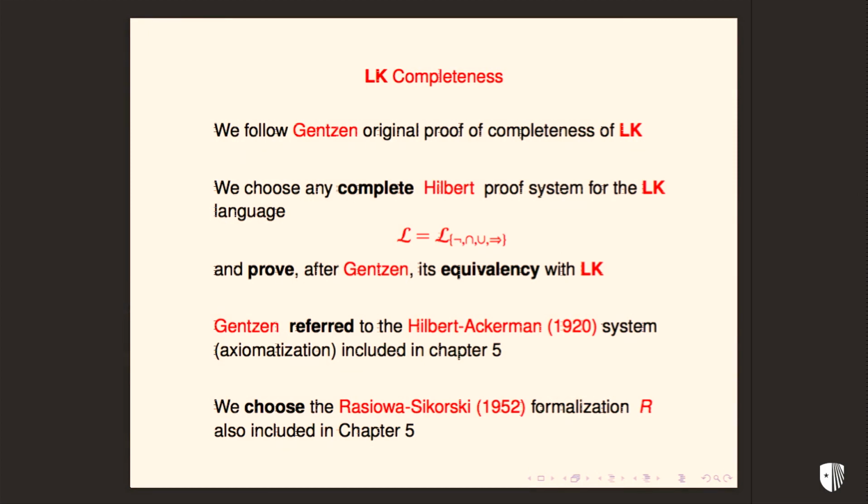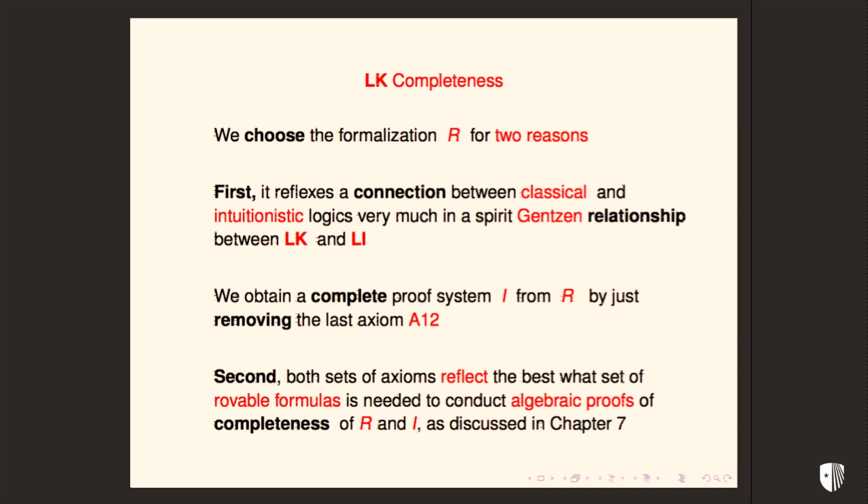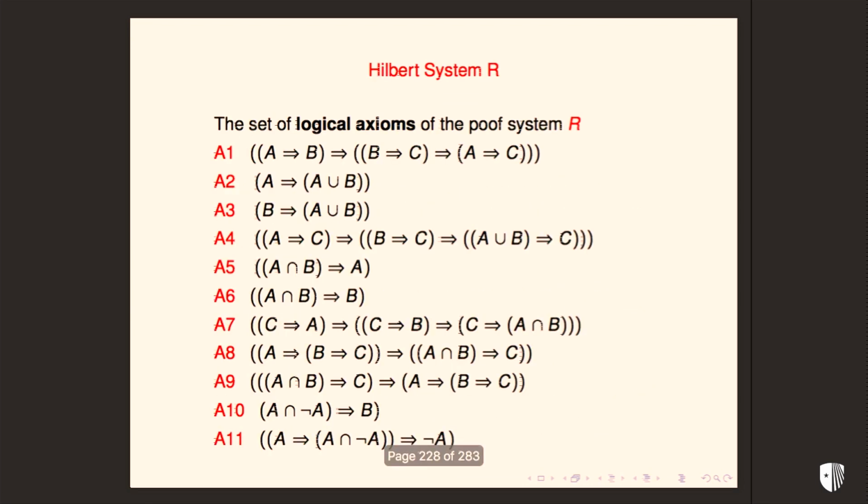So he chose a complete proof system for classical logic, and then he showed that each proof from there can be carried out in his system. And of course, his rules can be proved in that complete system. So he said, my system is complete because any proof in one system can be transferred into another and vice versa. That's how he proved it.